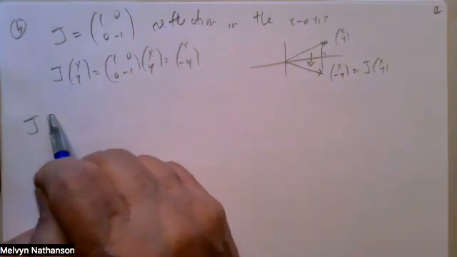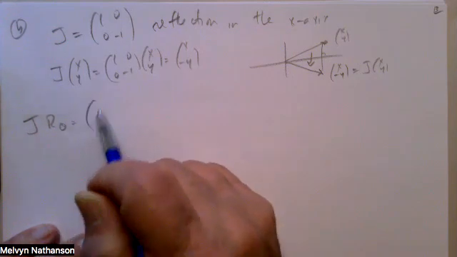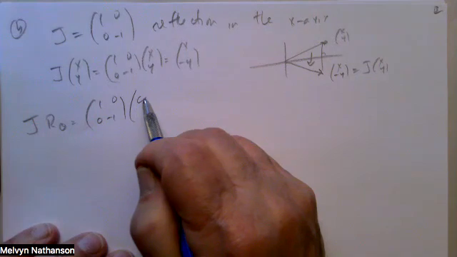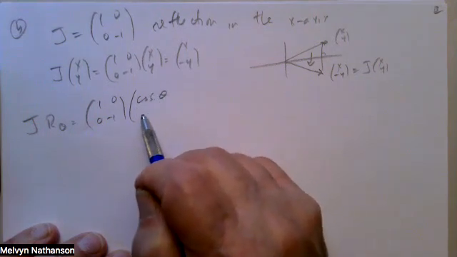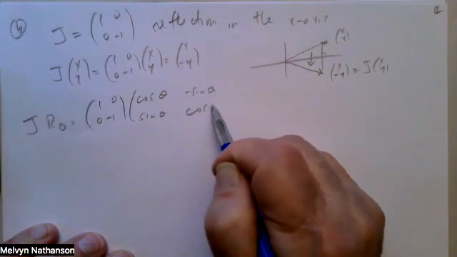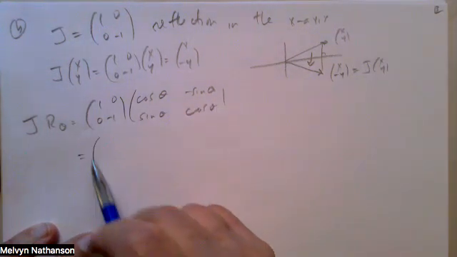What is J times the rotation? That's 1, 0, 0, minus 1, times cosine theta, sine theta, minus sine theta, cosine theta.